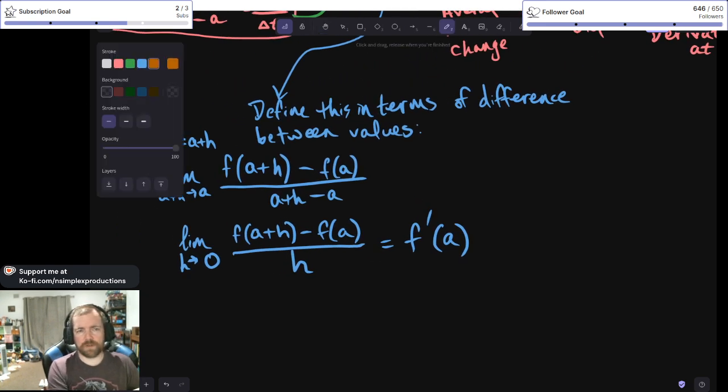And then we can generalize. It didn't have to just be at A. It could be at literally any point that we choose.